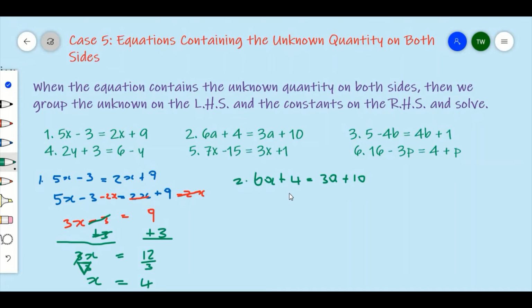So if we want the a terms on the left hand side, what we're going to do, we're going to look at this positive 3a here, and in order to get rid of this positive 3a, we need to subtract 3a from both sides. Alright, so we're going to subtract 3a from both sides. So we're going to subtract 3a from this side, and we're also going to subtract 3a from this side.